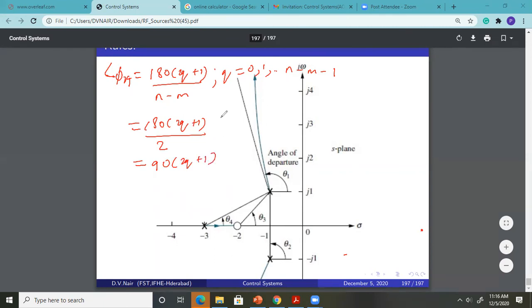Here q will run up to n minus m minus 1, which is 2 minus 1, that is 1. So for q equal to 0, you get 90. For q equal to 1, you get 270, right?